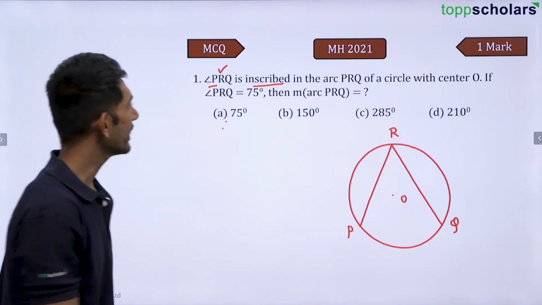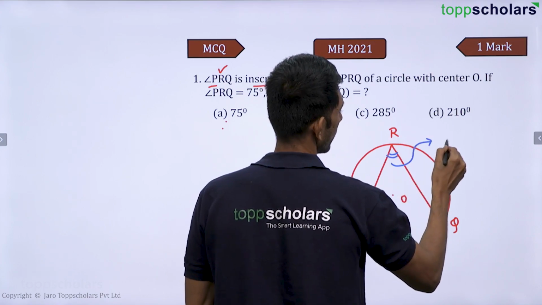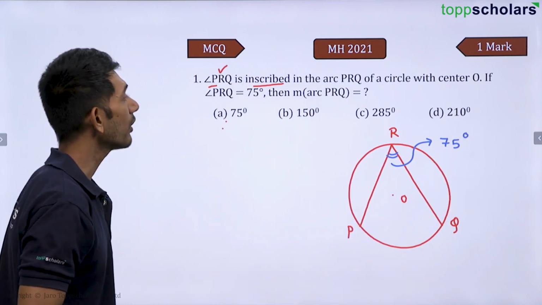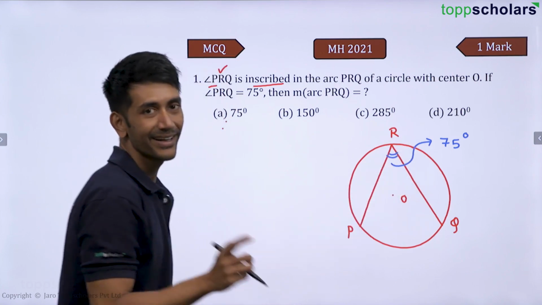If angle PRQ is 75 degrees, then what is the measure of arc PRQ? Okay, interesting.